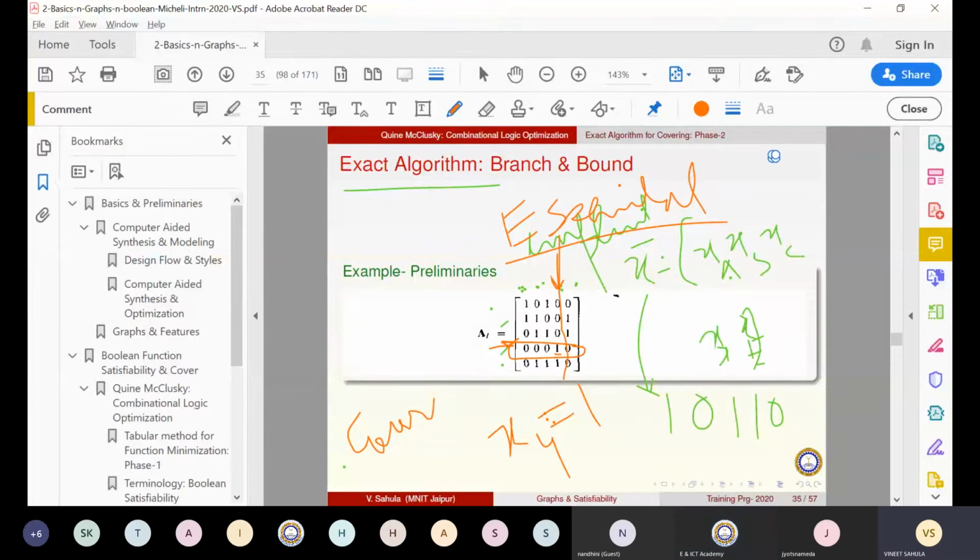But the fourth covers the fifth also. So my matrix will be reduced to 3 rows and 4 columns only, if you really appreciate that. I don't see any other row which is so deficient. So we have 3 rows and 4 columns because we have selected the fourth.